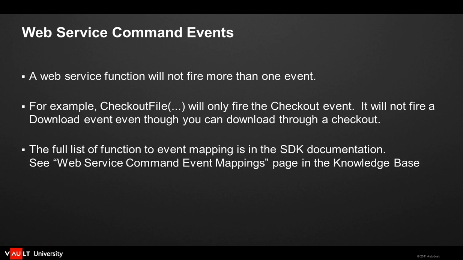Checkout file is a good example. You can actually do a download through a checkout file. In that case, you're going to get the checkout event, but you're not going to get a download event. Anyway, if you want to see the full mapping between what functions fire which events, that's in the SDK documentation. It's in the knowledge base. There's a page called Webservice Command Event Mappings, and that shows you the full mapping.